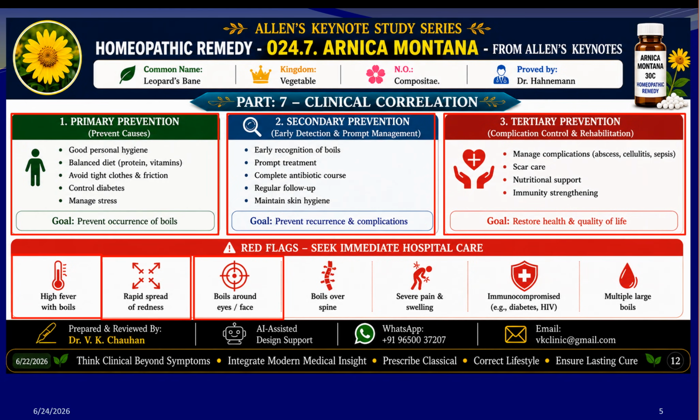So be careful about it while treating. They should not be squeezed. If the infection is around near to the vertebral column, please be careful about it. If there is severe pain and swelling is there, that also needs to be relieved. Pain relief is very, very important. Don't allow your patient to keep on suffering under pain.